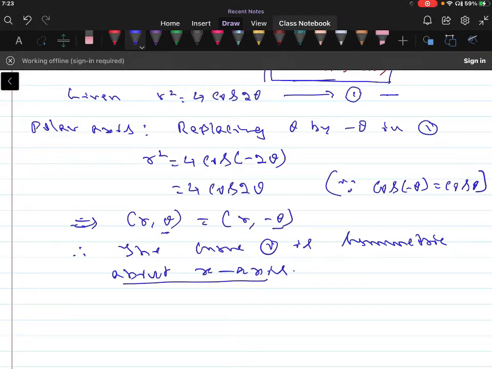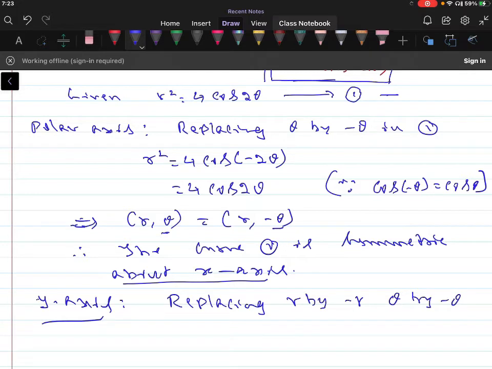So let us see about the y-axis. If you want to see that the given curve is symmetric about the y-axis, just replace r by minus r and theta by minus theta in equation 1.